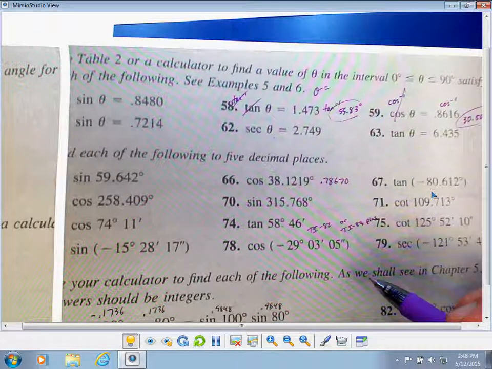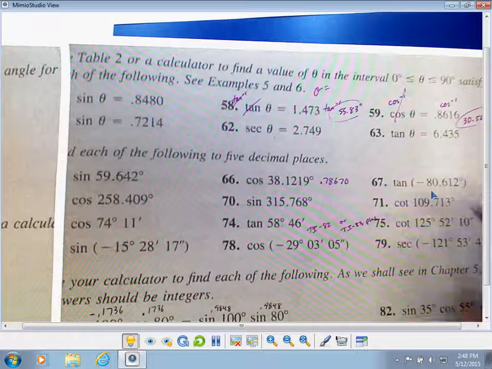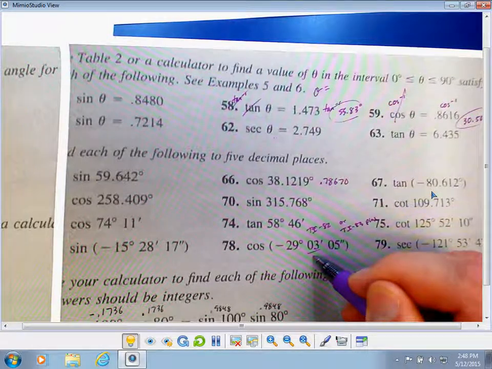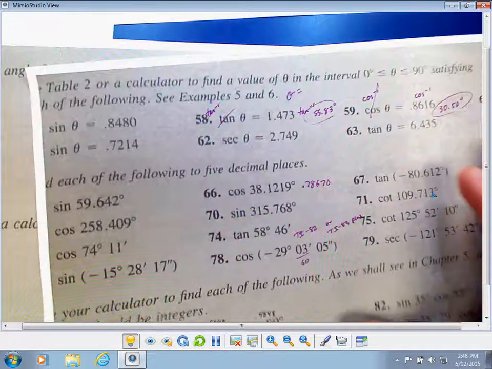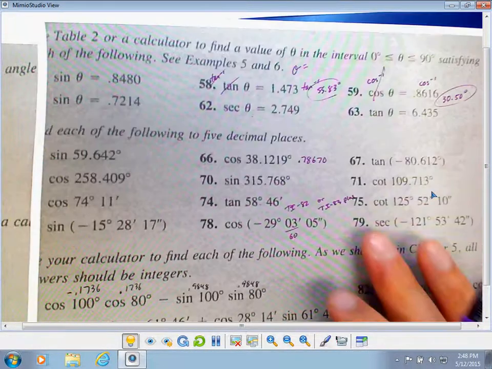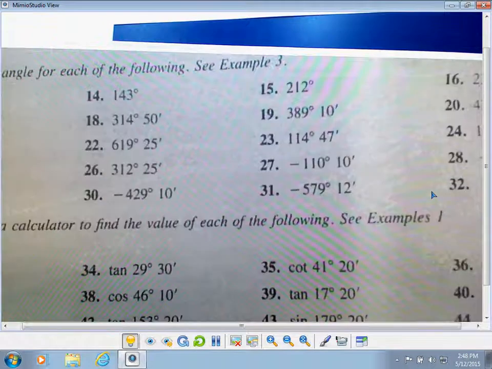If you want to do it the old-fashioned way and turn it into a decimal, you would divide this number by 60. This is going to be kind of weird. I'll show you how to do this on the side here. Let's do one turning it into a decimal. Let me get a little space here.